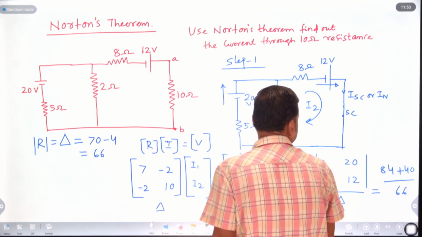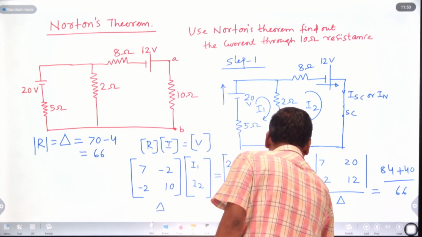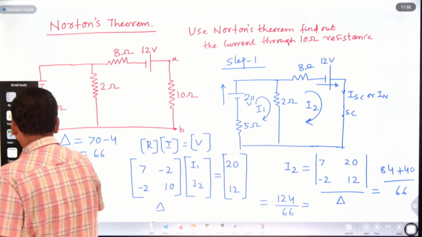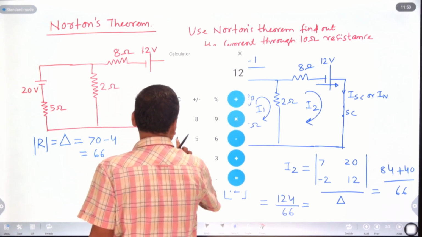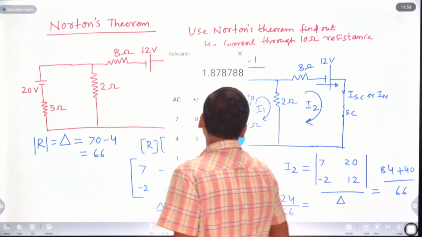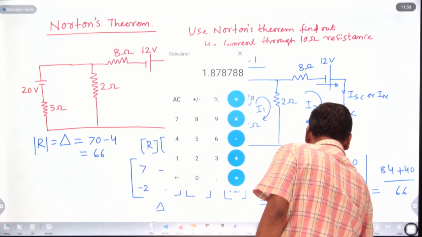Dividing 124 by 66 using a calculator, the value is 1.87 ampere.